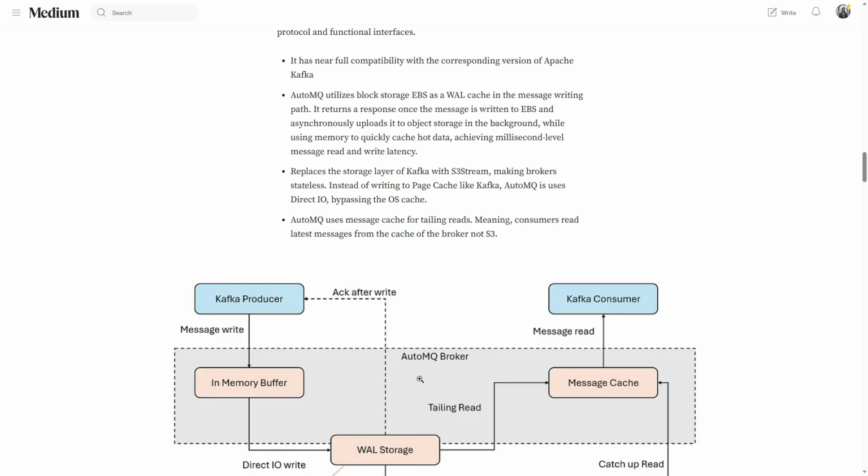So when we write data to the AutoMQ brokers, it is first written to the WAL. They don't do cross-zone data copy, so they don't have the cross-AZ data transfer cost associated. And once they have written this data to EBS, they asynchronously upload that compacted WAL to an object storage. If you are in AWS, it will be AWS S3.